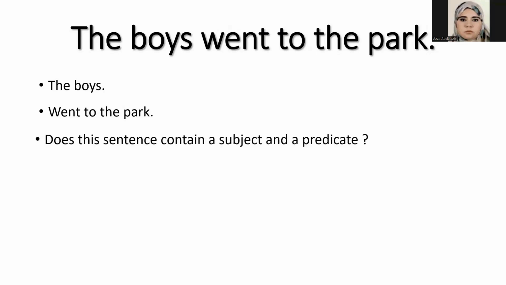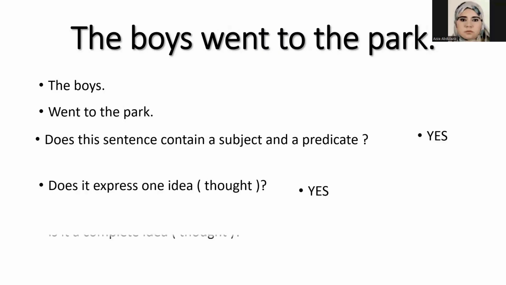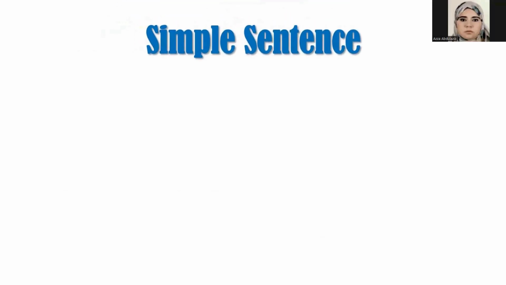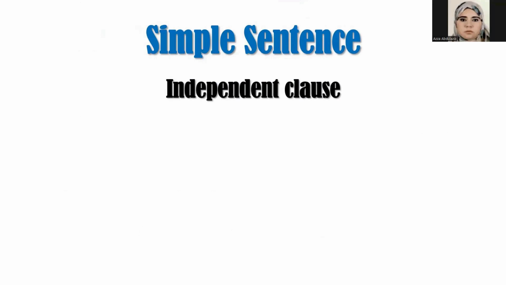Does this sentence contain a subject and a predicate? Of course. Does it express one idea? Yes. Is it a complete idea or a complete thought? Sure. So, what do we call this sentence? This sentence is called a simple sentence or independent clause.